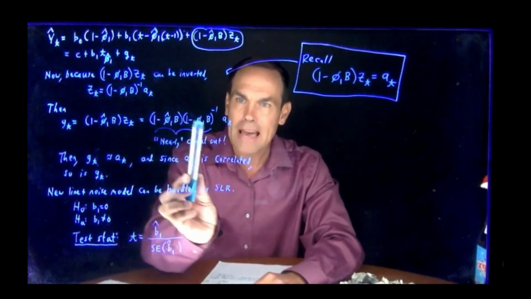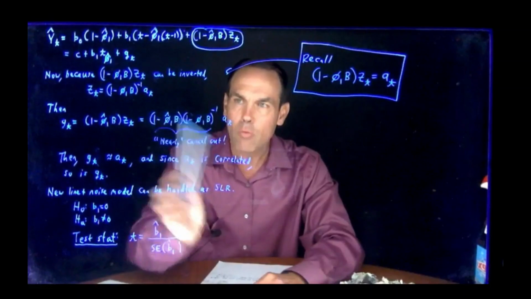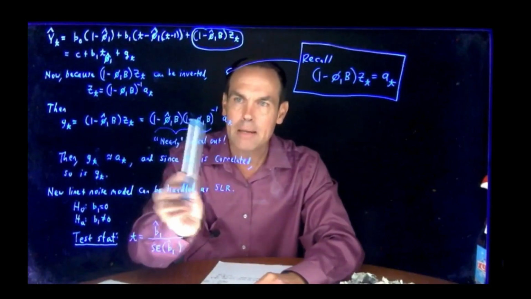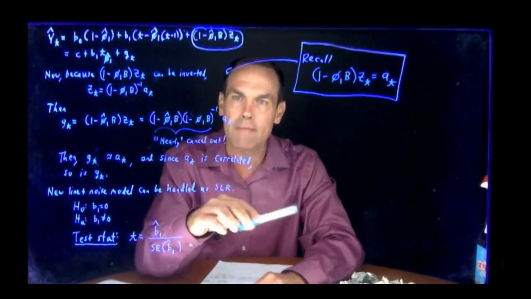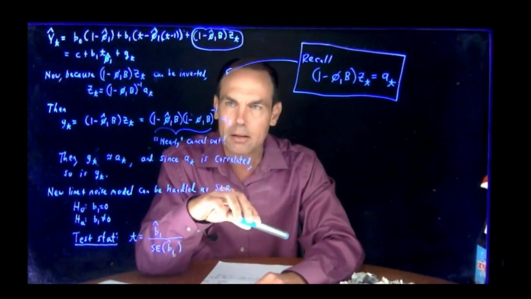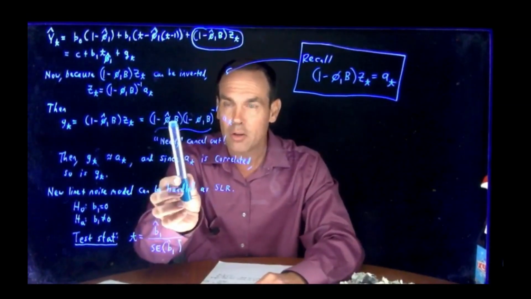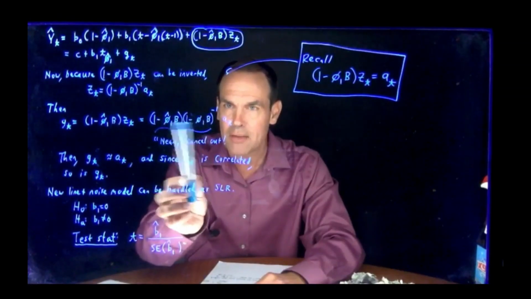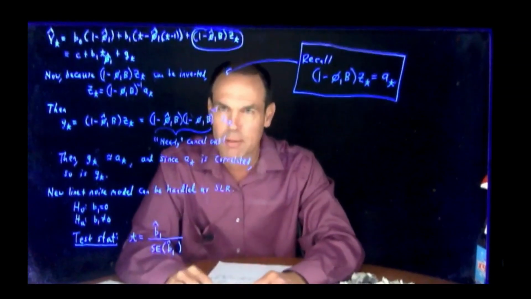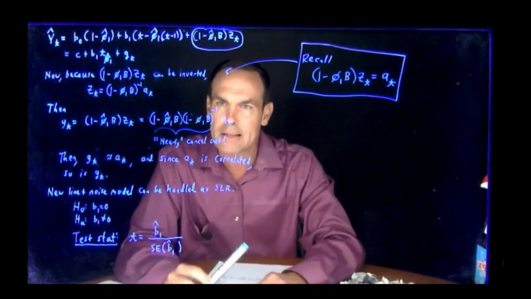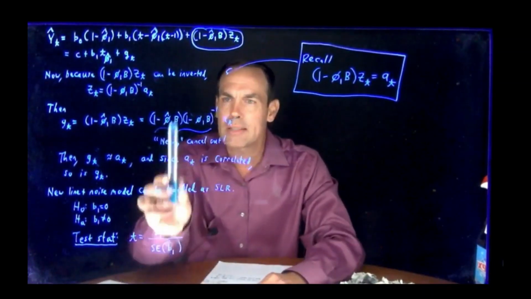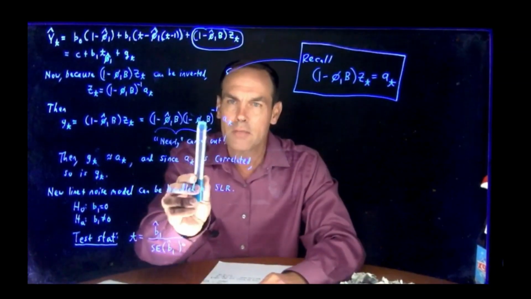So I substitute that in here, and I now have 1 minus phi1 hat b times 1 minus phi1 b inverse at. If you just glance at that quickly, you may think, oh, those are the same things. That should multiply out to 1, or the identity. But it's not true, because this is phi1 hat, this is phi1.